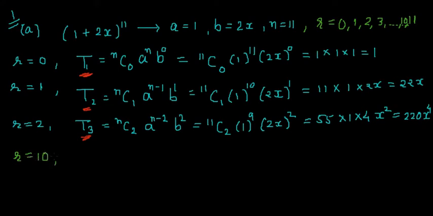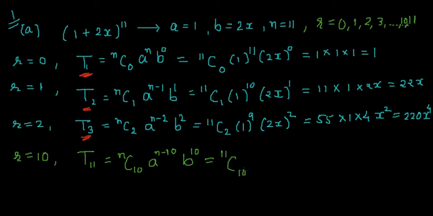Now when you keep r equal to 10 in the general term formula, it's going to be term 10 plus 1, that is 11CR a raised to n minus r, and b raised to r. N is 11, and I'm putting in the values of n, a and b.